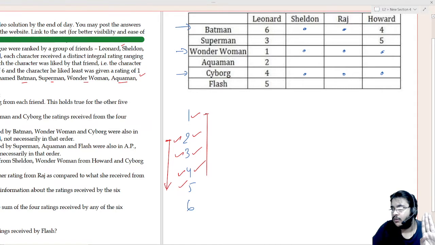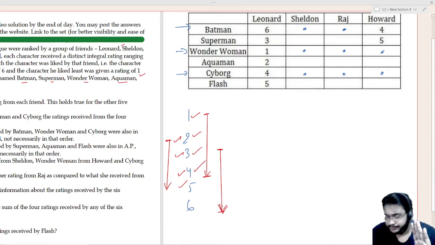So from 1 to 4 I can pick, from 2 to 5 I can pick, and I hope you can see the pattern now. 3 to 6 also I'll be able to pick the numbers. Okay, so these are the ratings that these people are getting. I hope that makes sense.